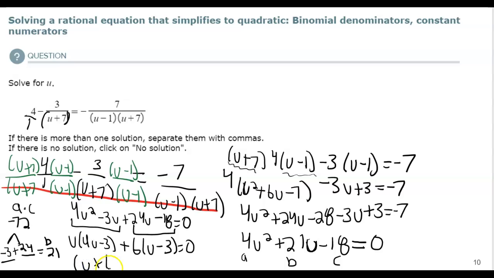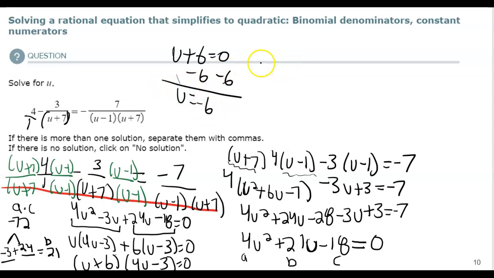Ultimately end up with u plus 6 and 4u minus 3 equals 0. Sorry, we're all over the place with this one. So now I need to set each of these equal to 0 to solve for them. When I do the u plus 6 equaling 0, I should get a u of negative 6. For 4u minus 3 equaling 0.